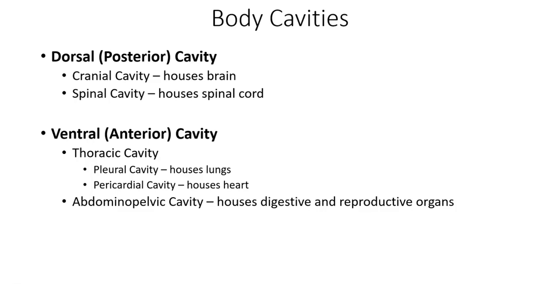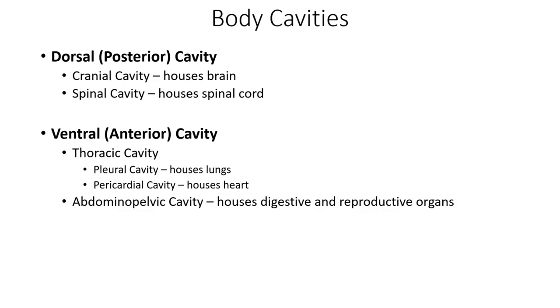That's all there is to the dorsal or posterior body cavity. Everything else in the body is going to be considered within the ventral or anterior body cavity. And again, I should have mentioned this earlier, these terms are in reference to just the axial portion of the body, so this is excluding the arms and legs.